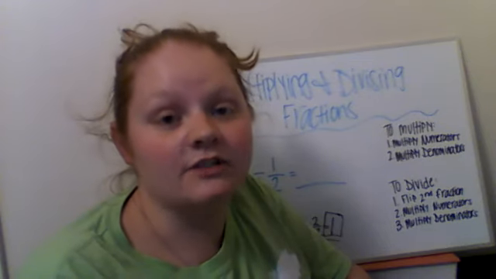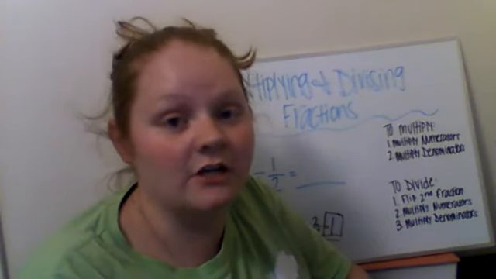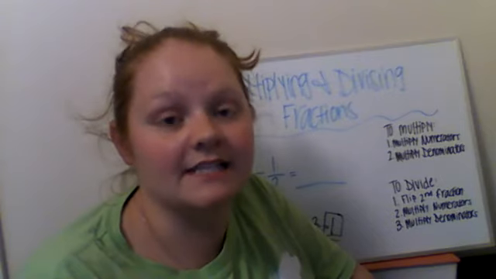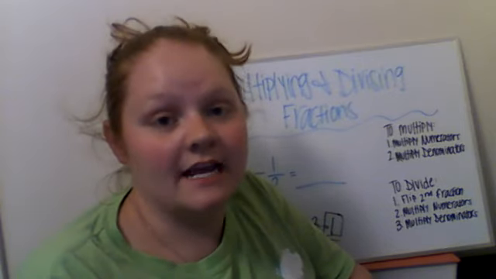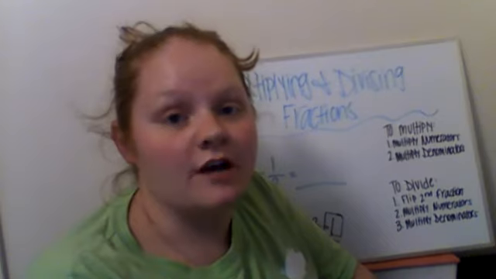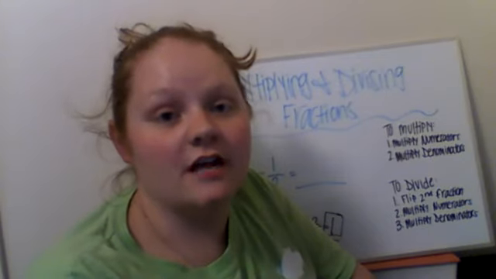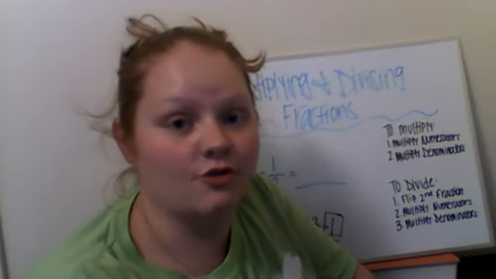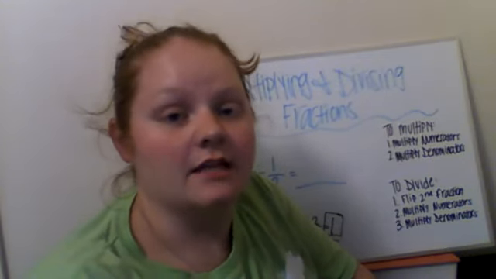When you divide fractions, your first step is to flip the second fraction, so its numerator becomes your denominator and its denominator becomes your new numerator. Then bring down the first fraction, multiply your numerators, then multiply your denominators, and you have your answer.